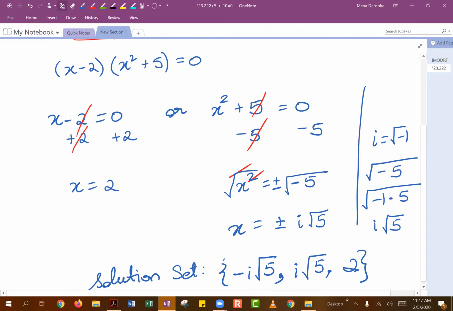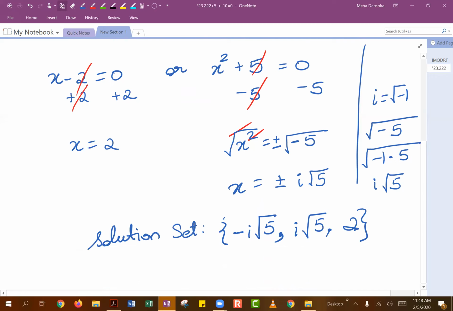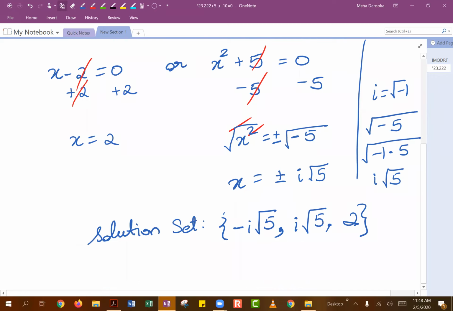From the other side, we had x squared equals negative 5. You take a square root on both sides, which gives you the positive and the negative root. That cleaned up into positive or negative i, for that negative number inside the radical, and square root of 5, right? So those are your 3 answers. Anybody have questions on this?